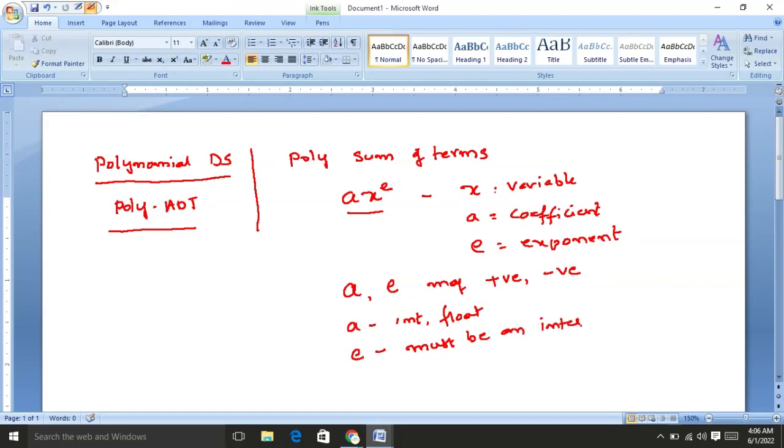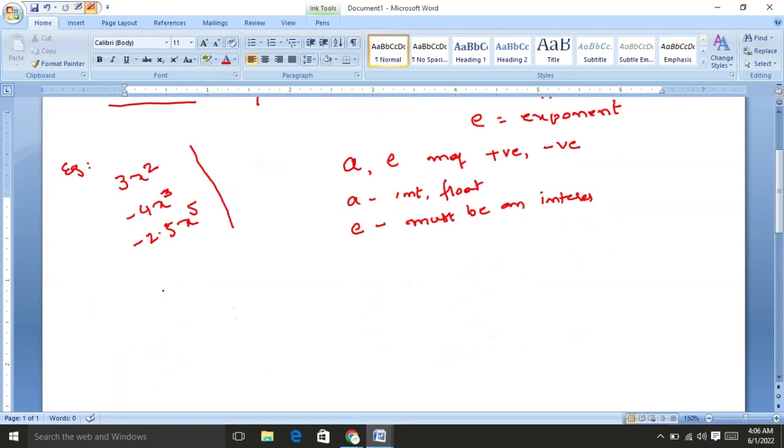Here I write integer. That means we can write 3x square, or for example minus 4x cube, or we can write minus 2.5 x to the power of 5. But it is not right to write, for example, 3.3x to the power of 5.2.